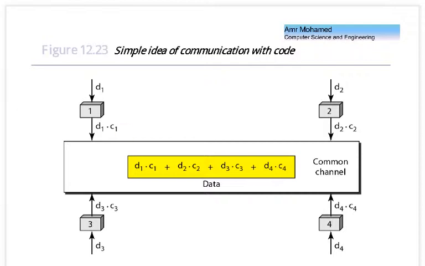Sometimes they call it a code, sometimes a chip, sometimes a spreading factor, because before I send the data, this code actually spreads the signal. And we'll see that.